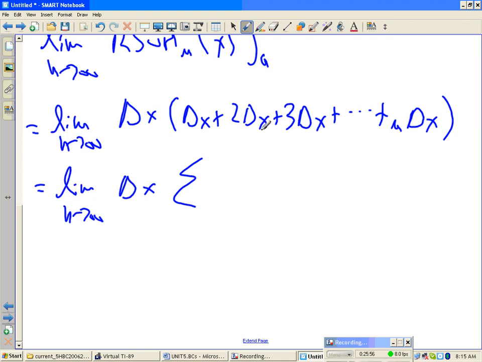What are the coefficients? 3, 2, 1. 1, 2, 3, up to n, right? So you can use any variable here you want. I'm going to use k. K starts at 1, and it goes to n, and it's k times delta x. That's the same as that, right?